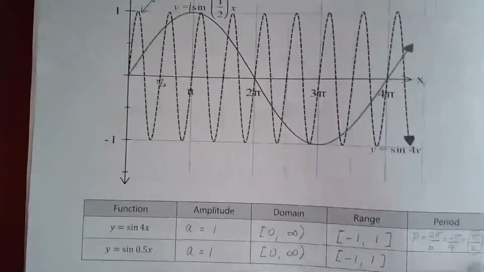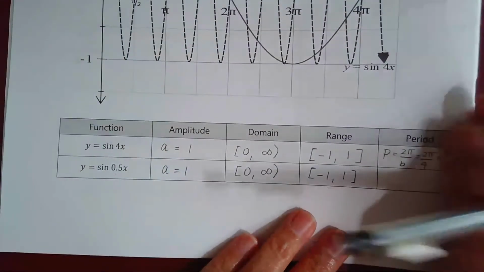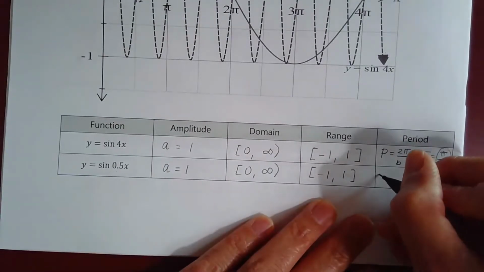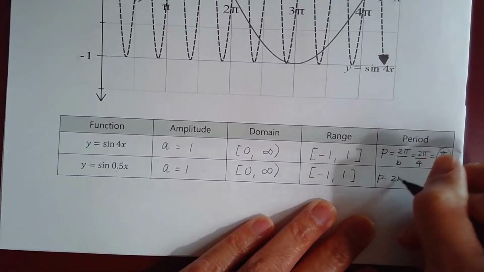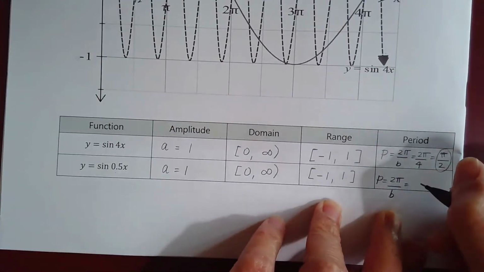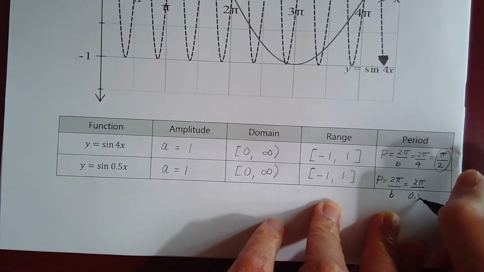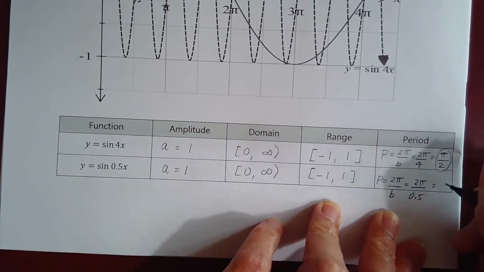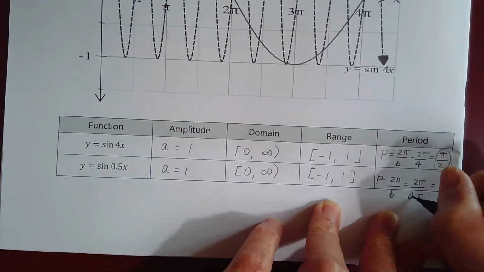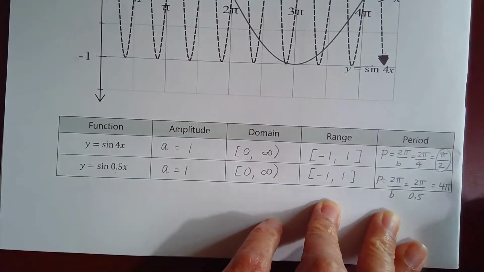Next thing we're going to do is period. What is a period? Period is equal to 2 pi over b. And what's the b? It's a half. So 2 pi over 0.5, which is 2 divided by 0.5, is 4. So 4 pi.